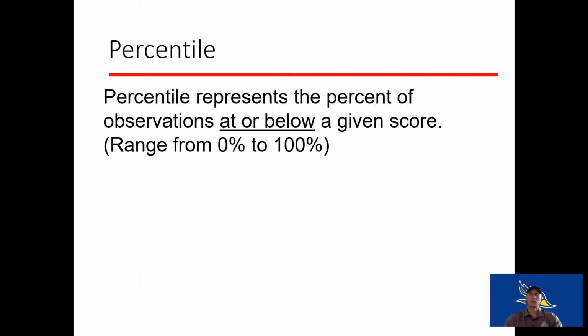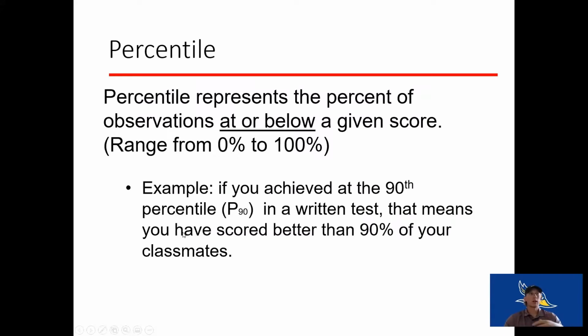Okay, percentiles are another way that we can do this. This is ranking those percentages. For example, a 90th percentile would mean that 90% of your classmates, or 90% of the people in that measurement, scored below your score.